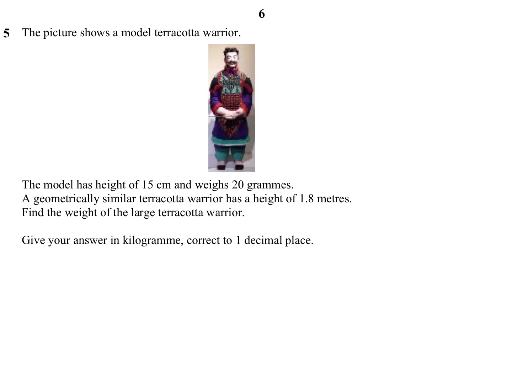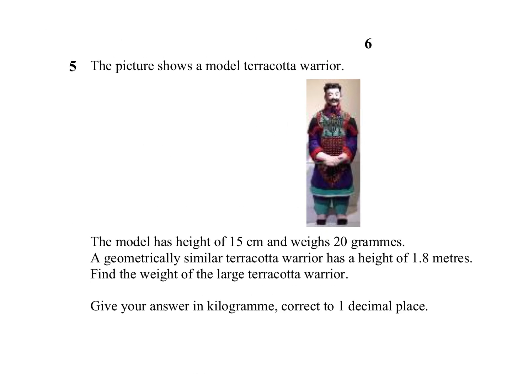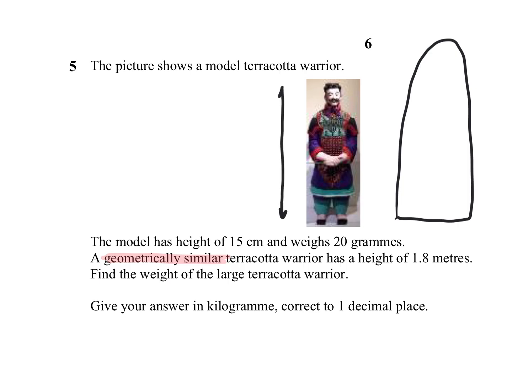8.3 is 3D. Okay, look at this warrior. It says it's a model. And when you see this word, you don't care whether it's interesting or not. You know it came from a bigger version, a real person. So this model is 15 cm tall.